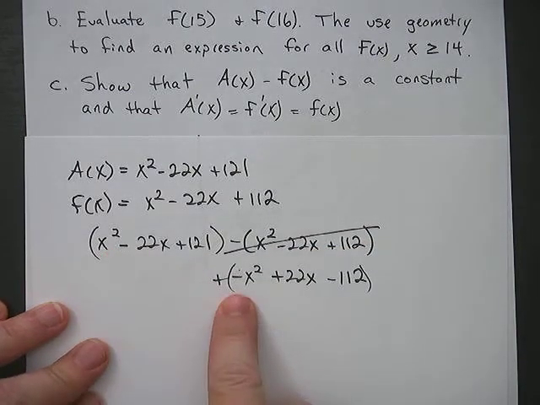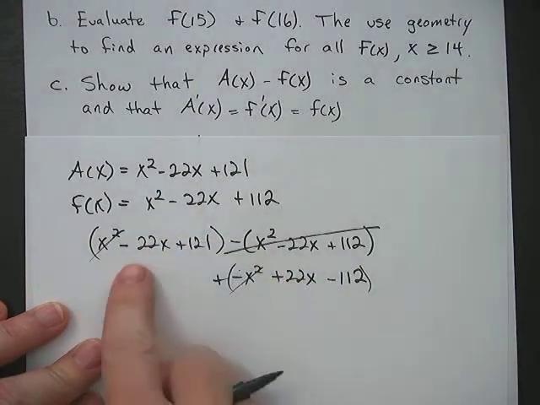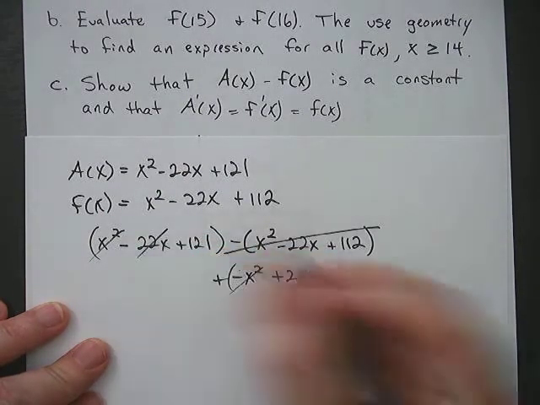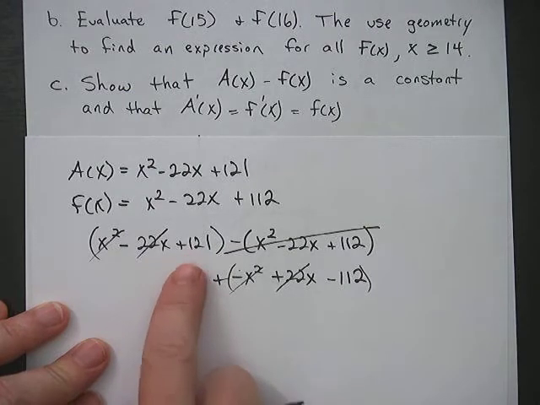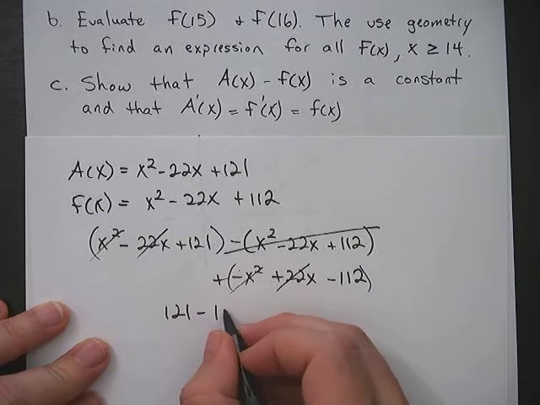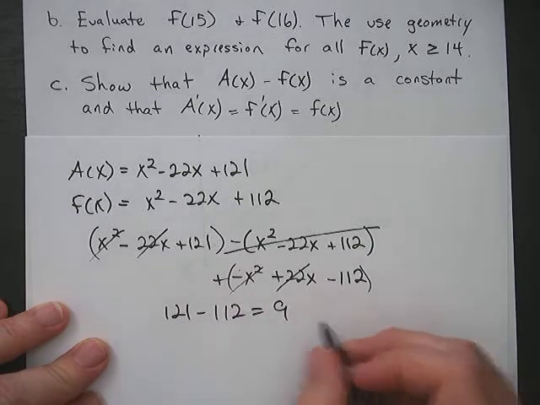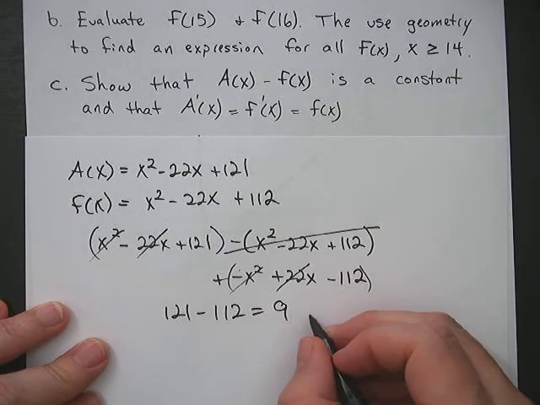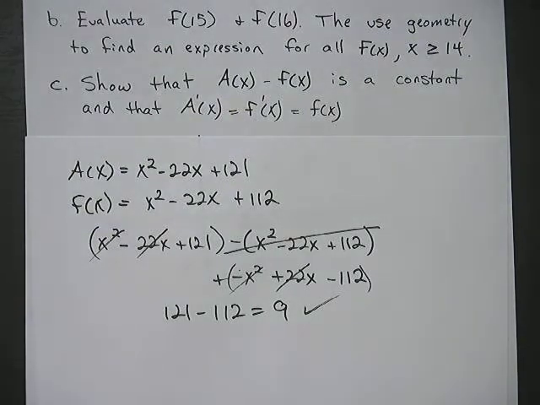Okay, so the x squareds cancel. The negative 22x cancels with the positive 22x. And then we have a 121 minus 112 equals 9. Is 9 a constant? Yes. So it is a constant.